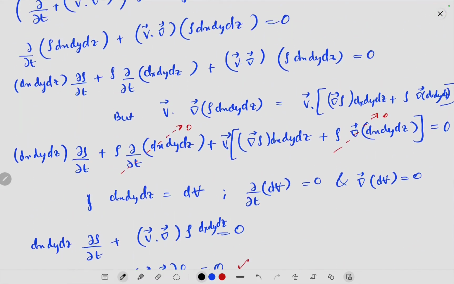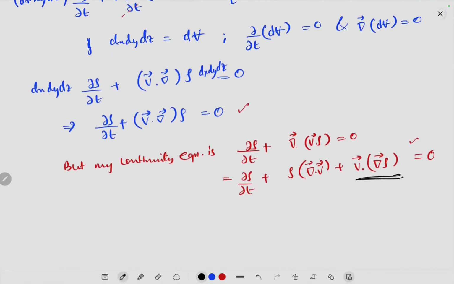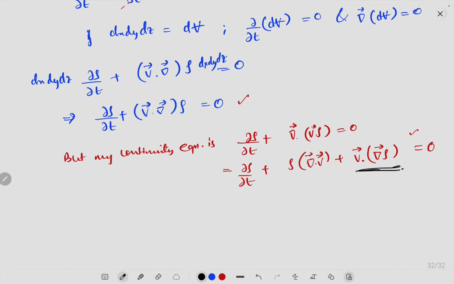What's the mistake I have done in the whole derivation by considering the Lagrangian to Eulerian approach that you people think about? I have done an intentional mistake and you figure out that mistake.